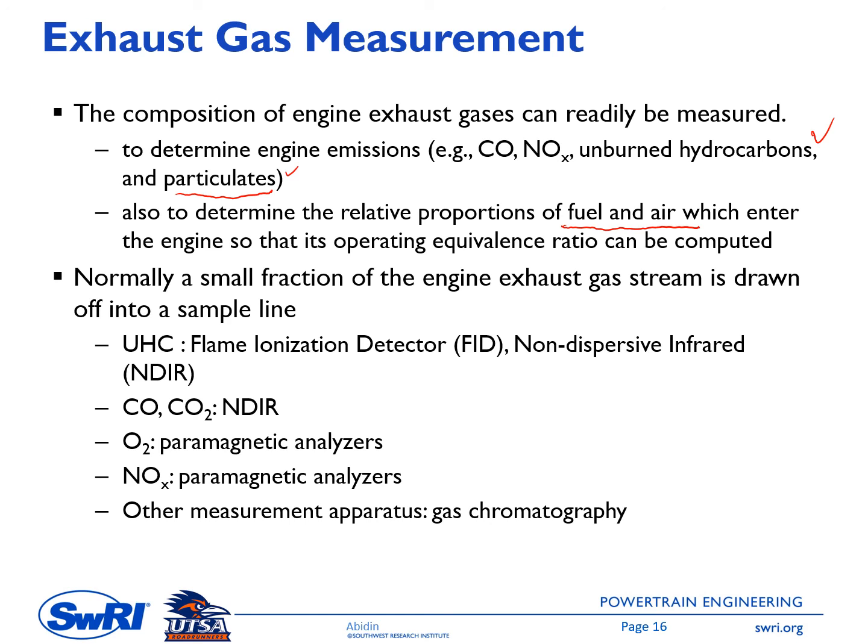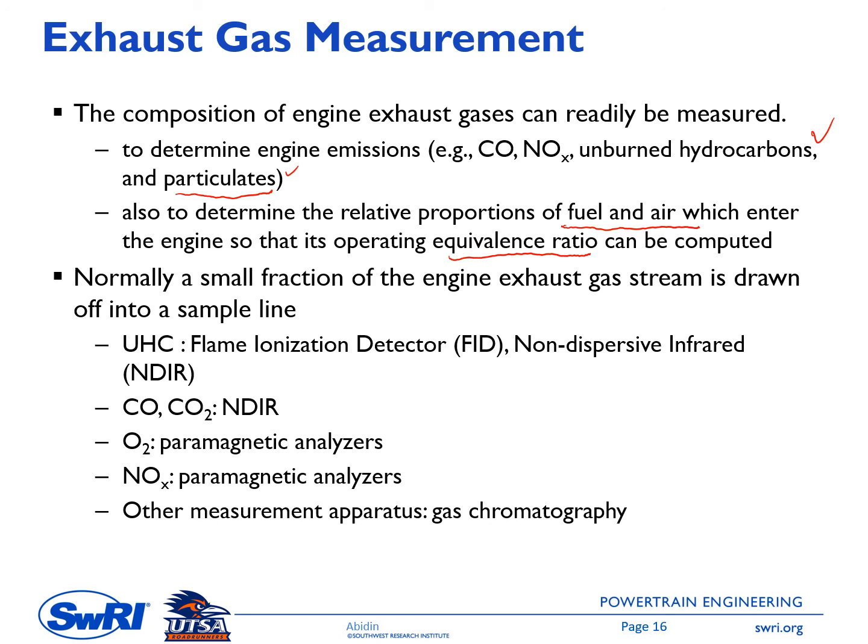From this equivalence ratio, we can get the amount of airflow, because we also measure the fuel flow. So once again, most of the time, we don't measure the airflow. Rather, we calculate phi first, the equivalence ratio, from the exhaust gas measurement, and then use the resulting phi and the fuel flow to calculate the airflow.